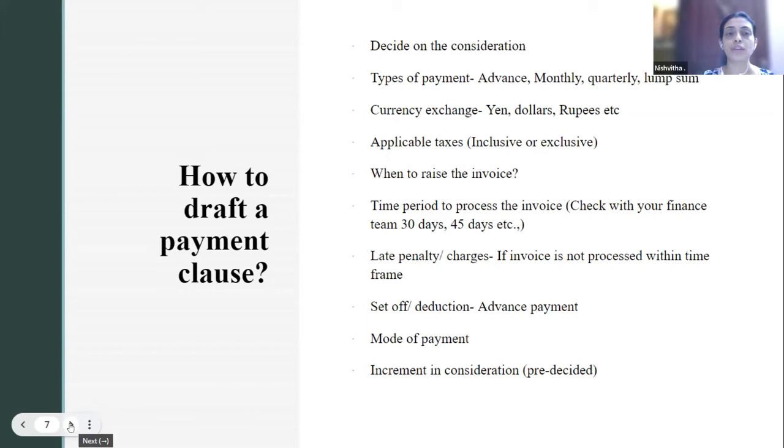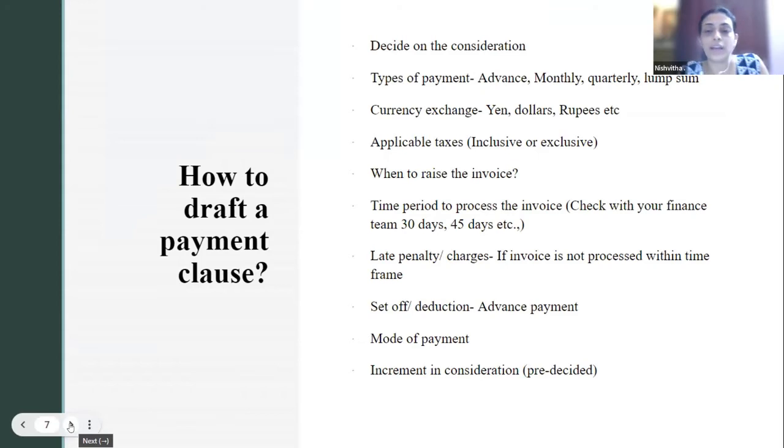But there are a few software companies, especially when they are a monopoly in the industry, who insist on having a penalty clause. Now, a key takeaway for you, if you are a person who is supposed to make the payment, don't agree on any late penalty charges. If you are a person who is receiving the payment, impose a penalty so that the other person will fasten the process and make the payment.